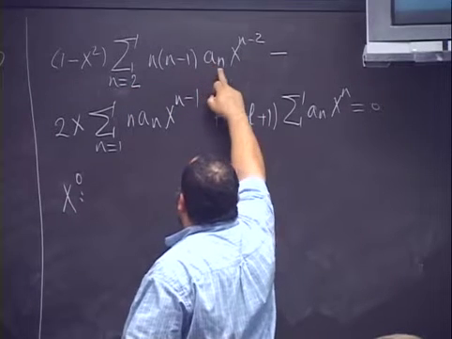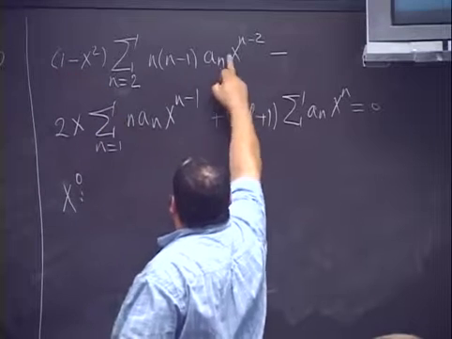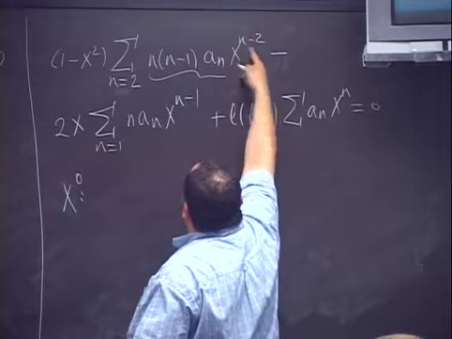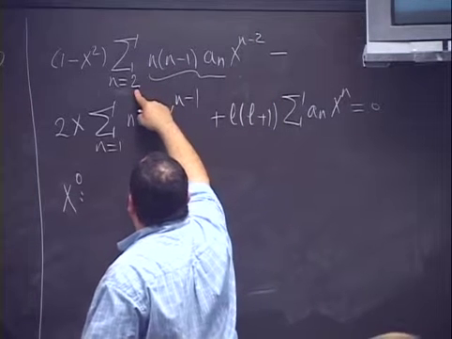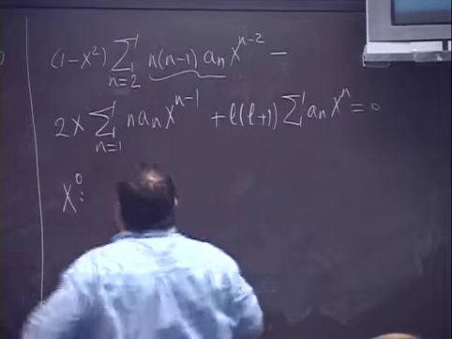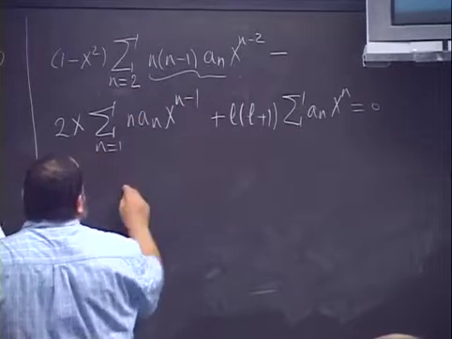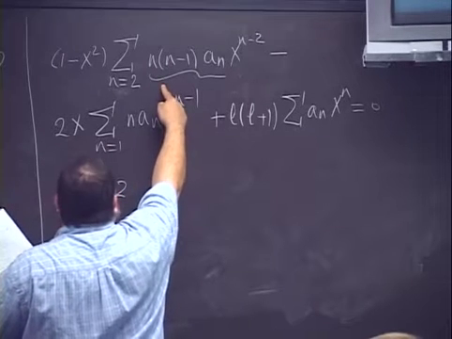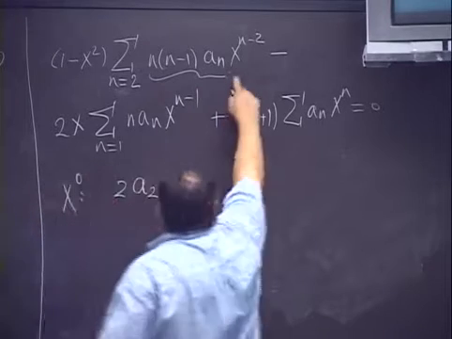So a_n x^(n minus 2) multiplied by 1 is this multiplied by x to the power of n minus 2, with n equal to 2. This will give you a_0. So n equal to 2 here. So this is 2 multiplied by 2 minus 1, which is 1, a_2. So this will give you the x^0.